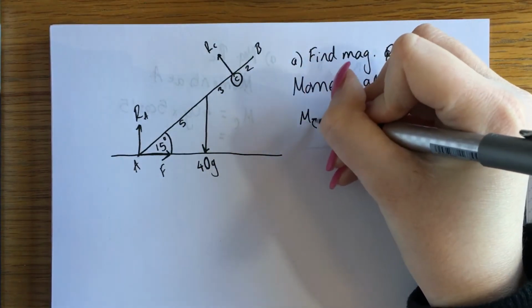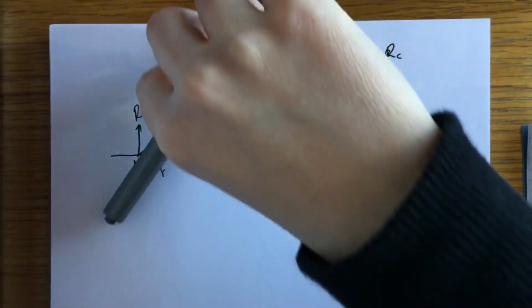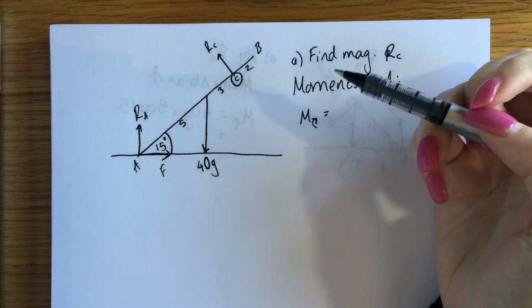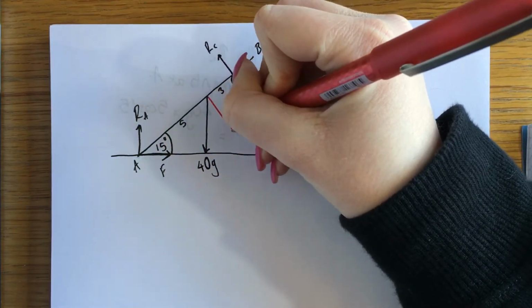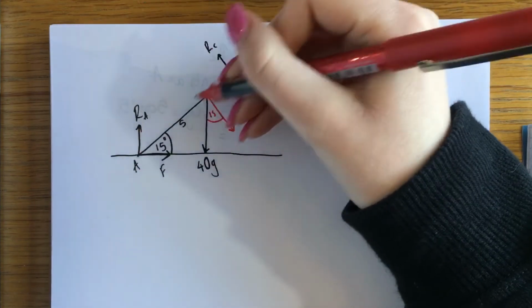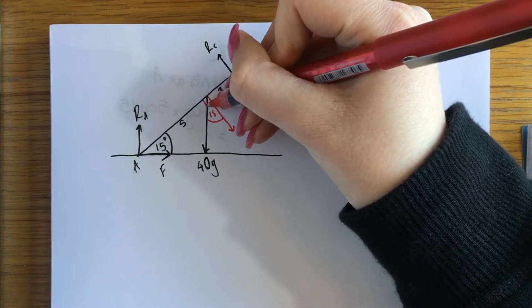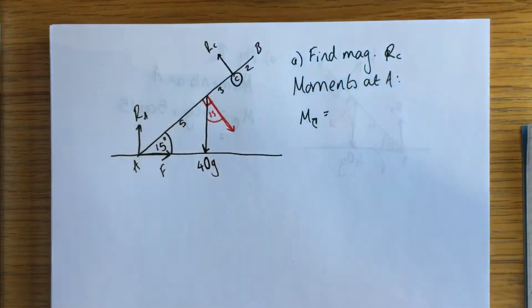So my moments clockwise. If I was tilting at A, what's going to make it tilt clockwise is the weight pulling it down. This is where I've sort of changed tactic. Distance multiplied by the force at the perpendicular. So that is the perpendicular meeting between distance and the force.